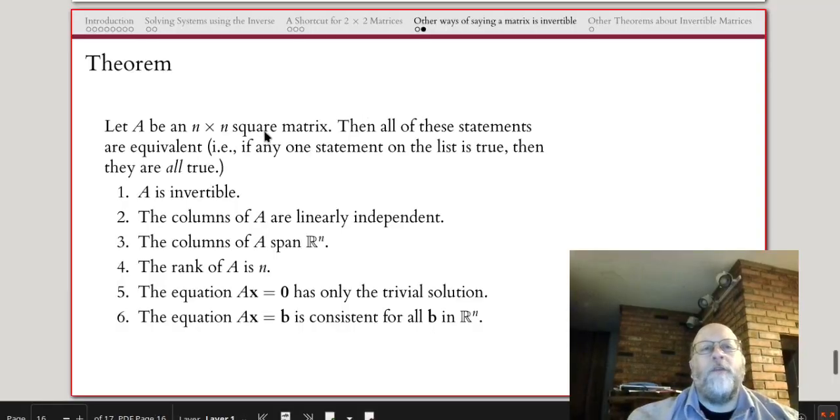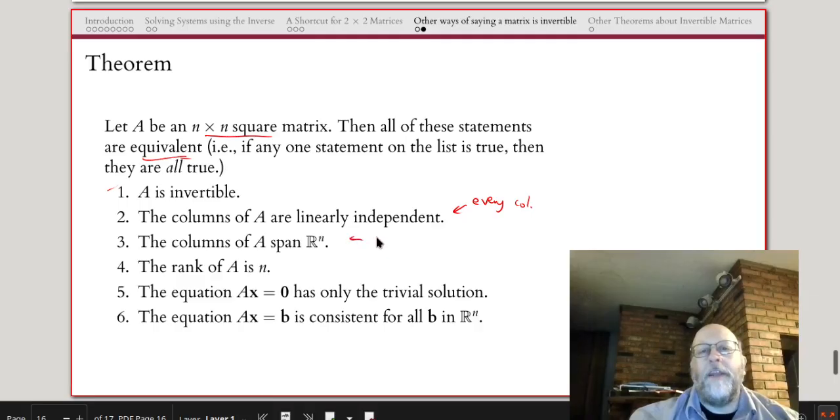If we start with a square matrix, then all of these statements are equivalent. If any of them are true, they're all true. So if a matrix is invertible, proposition 3.1.5 tells us that there is a leading entry in every column and every row. Because there is a leading entry in every column, we have linearly independent columns.